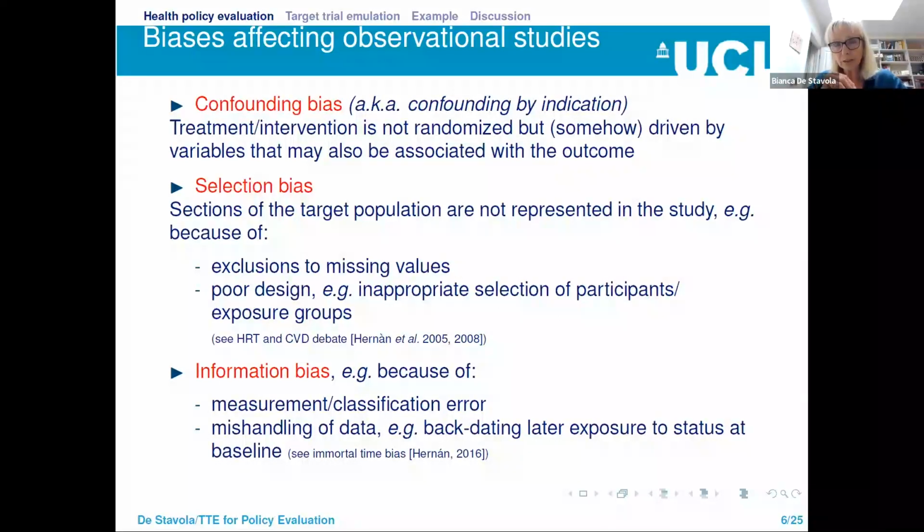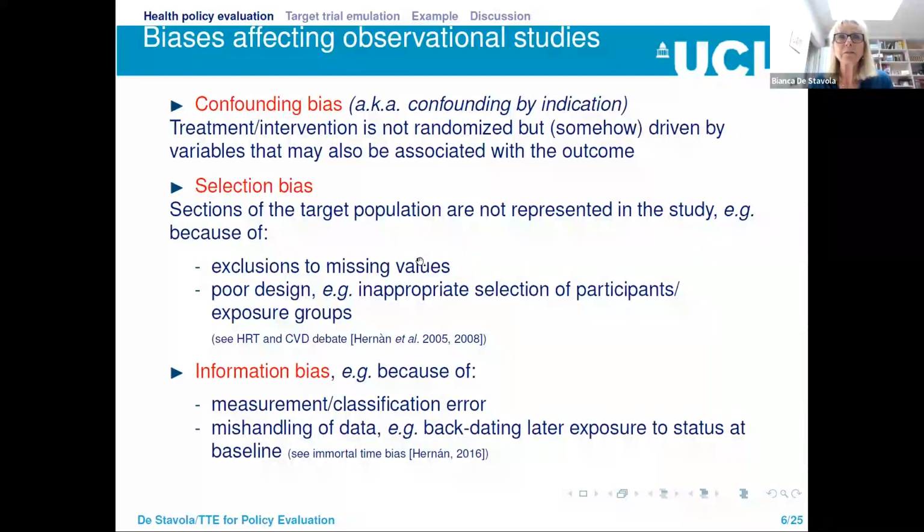And that's what goes under the umbrella of immortal time bias. And that happens when there is poor understanding of the data, poor understanding of when the information should be attached to which time. So these are the three main sources of bias, and they come in different flavors.